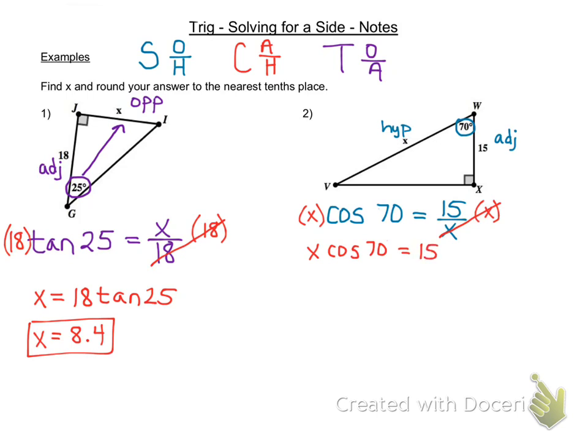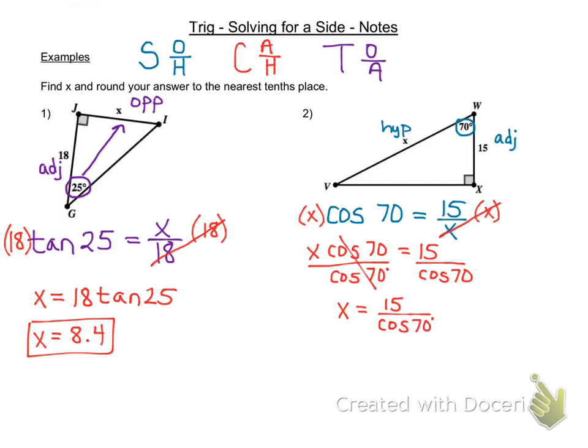Now to continue to get x by itself, I'm going to divide both sides by cosine of 70 degrees. So cosine of 70 degrees divided by cosine of 70 degrees cancels, that makes 1. So now we have x equals 15 divided by cosine of 70 degrees.